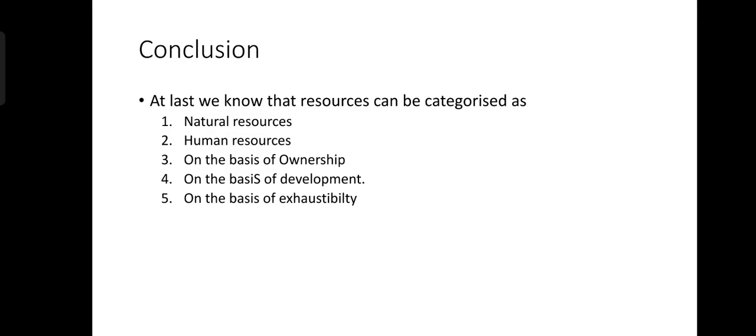On the basis of development, there are four types of resources, and on the basis of exhaustibility, there are two types of resources. So from these, students will be able to understand and learn about the resources and their types very well by looking at the pictures given in this topic.